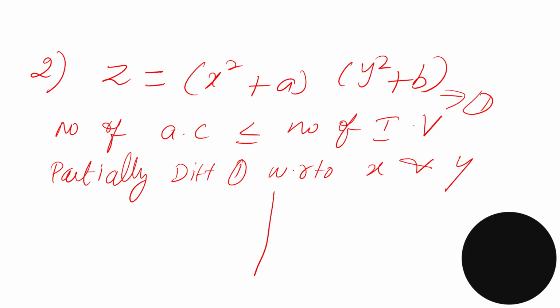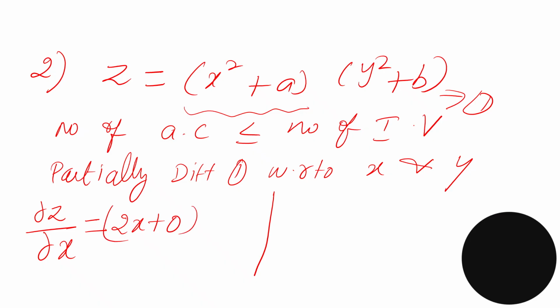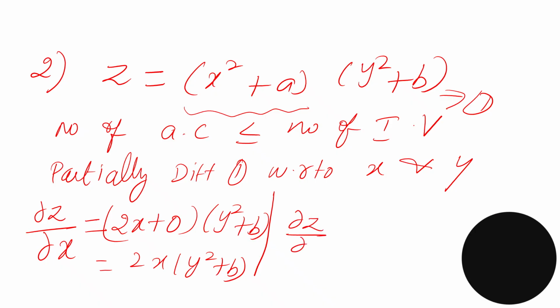So here x, here y. How to do the differentiation? Dou z by dou x is differentiation with respect to x. See the first term, x square plus a: x square differentiates to 2x plus 0, and then it is multiplied with y square plus b. This is multiplication, not addition. So you get 2x into y square plus b. Next, dou z by dou y, partially differentiate with respect to y.